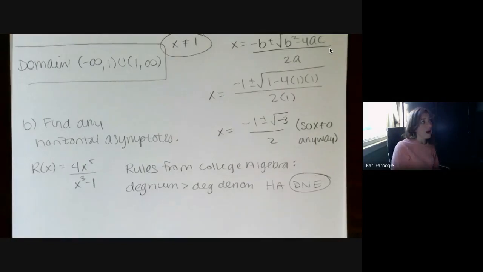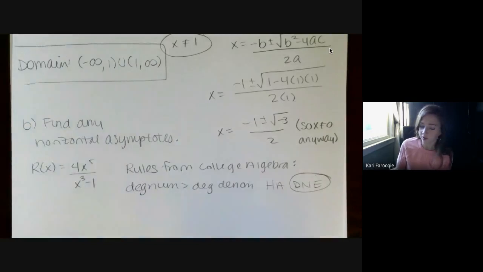Now, I always forget which one is which. I can never remember. Is it the degree of the numerator being greater than the denominator, or is it the degree of the denominator being greater than the numerator? I can't remember. So what I do is I always use case 2 when I'm looking at horizontal asymptotes.